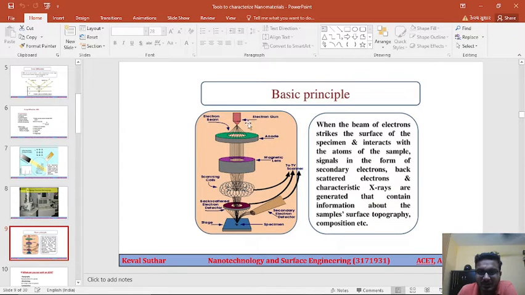Here, this is the principle that we discussed: the specimen is kept at the bottom and we generate an electron beam through an electron gun. We have an anode and magnetic lens in between, and after that we have scanning coils and the electron detector which sends the signal to the TV scanner.